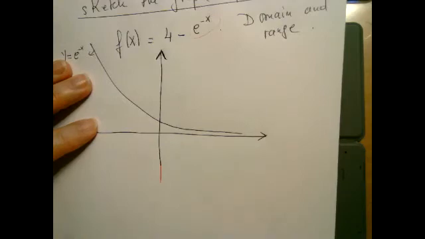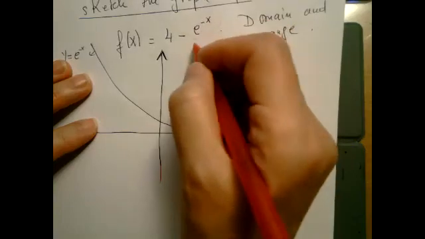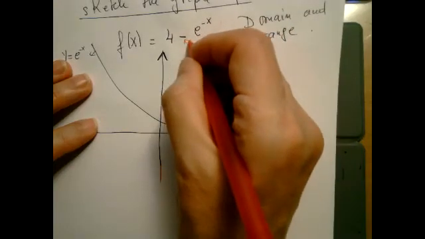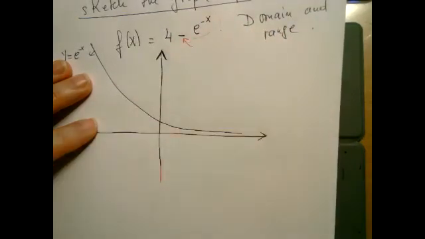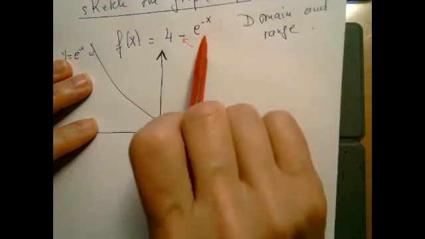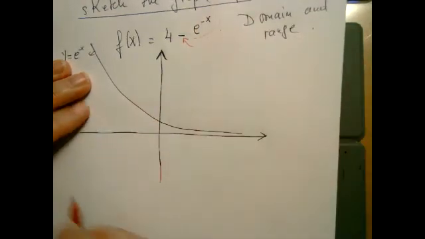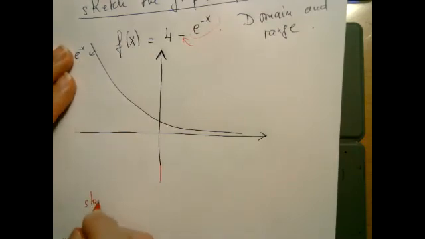Shift it. Right, we're going to start with e to the minus x, then we're going to reflect it across the x-axis. The idea here is I want you to use all the transformations we've learned. So start with e to the minus x.